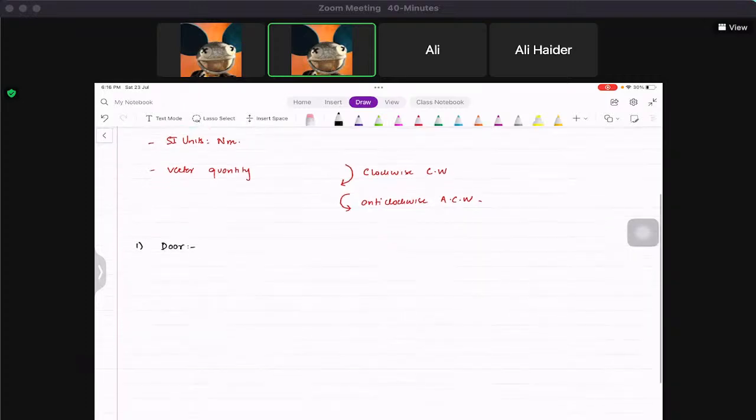When you look at the door from the top, you will see at the end of the door there is a hinge which acts like a pivot, and then if you apply a force like this at a distance which is this one, you are going to get the moment which will be equal to force times distance, and it will cause it to turn about this pivot in anti-clockwise. Is it clear?